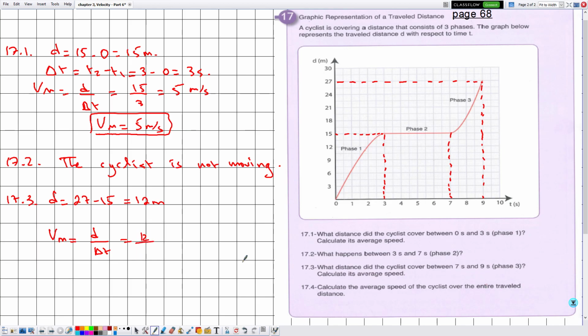Now we need to determine the duration, which is given by t2 minus t1, which is equal to 9 minus 7, which is equal to 2 seconds, corresponding to phase 3, between 7 seconds and 9 seconds. So this is equal to 6 meters per second. So Vm is equal to 6 meters per second for the third phase.